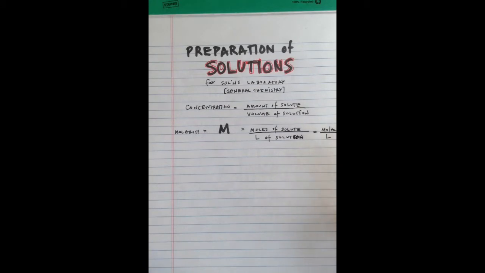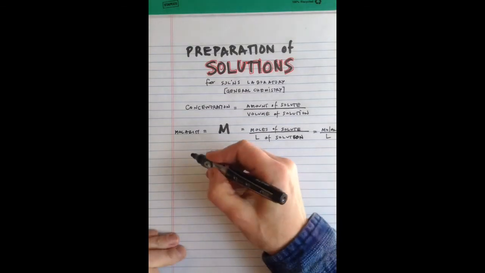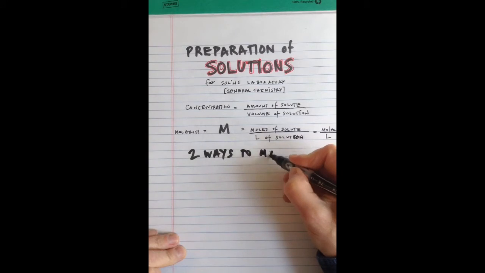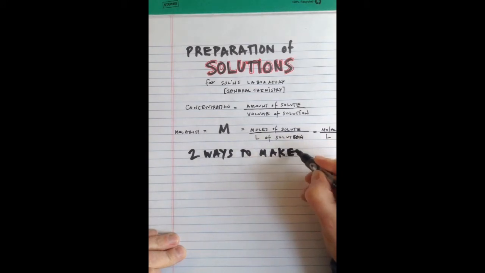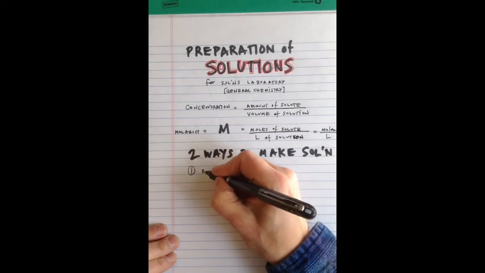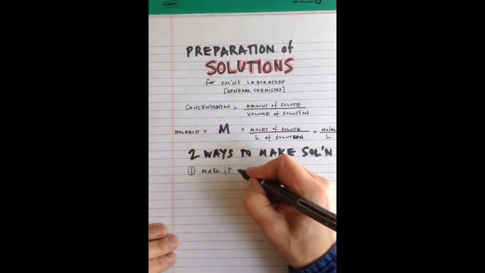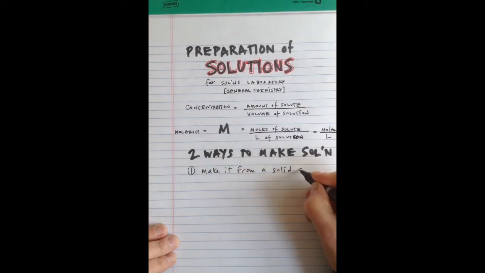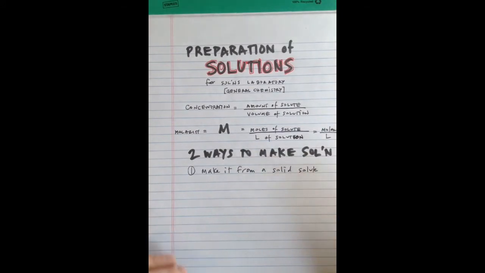Okay, so what are different ways that you can make solutions? In this laboratory, there are two ways to make a solution. Number one is you can make it from a solid solute. So you weigh out the solute and you use that to make the solution.